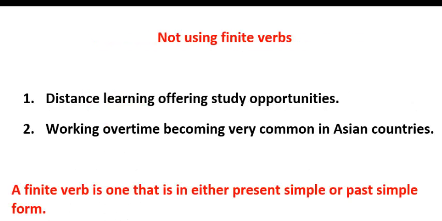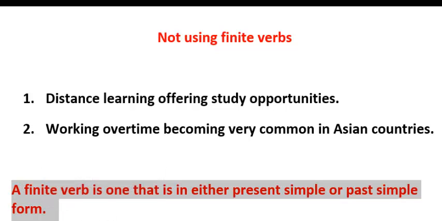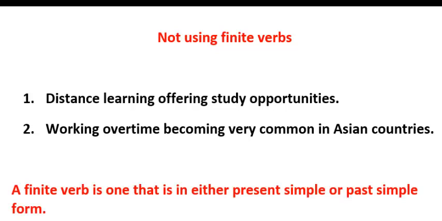Another problem is with the use of finite verbs. Now, a finite verb, we look down here, is one that is in either present simple or past simple form. And every sentence needs to have a finite verb in English. So let's look at these first two. Distance learning offering study opportunities, working overtime becoming very common in Asian countries.